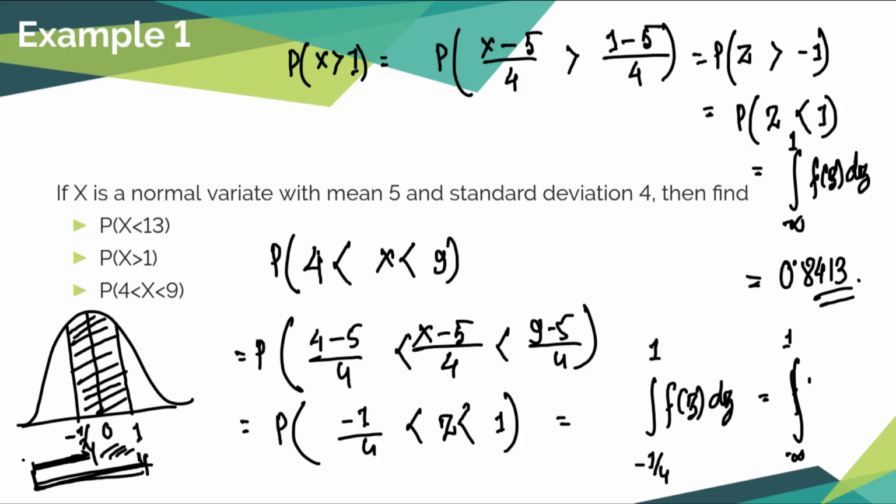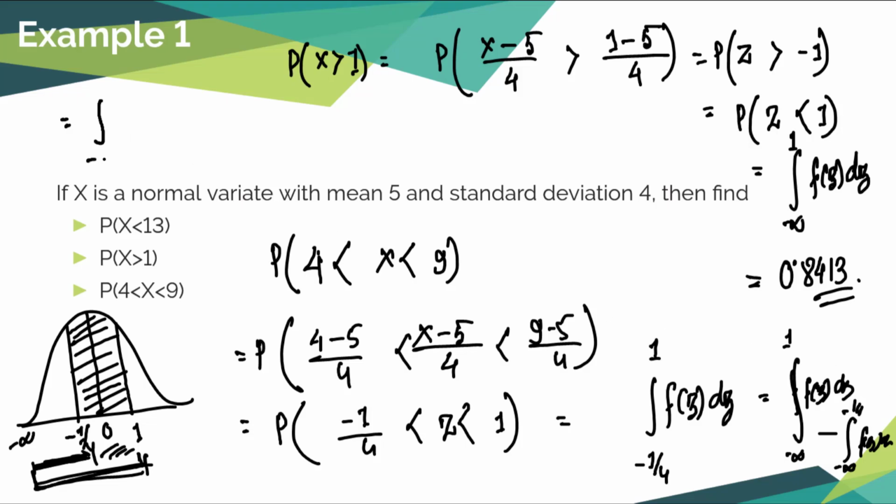The larger region is the integration from minus infinity to 1 of f(z) dz, minus the smaller region, which is minus infinity to minus 1 by 4 of f(z) dz. The integral up to minus 1 by 4 can be written as 1 minus the positive one.